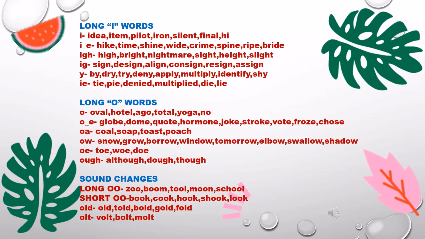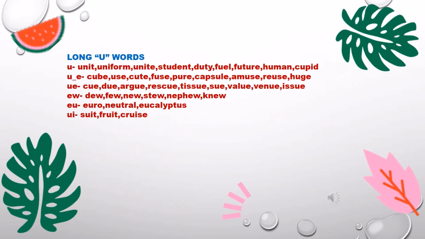Sound changes like zoo, tool, moon, school. Short O words like book, cook, hook, shook and many more. Few examples are unit, uniform, student, duty, fuel, future, human and many more.